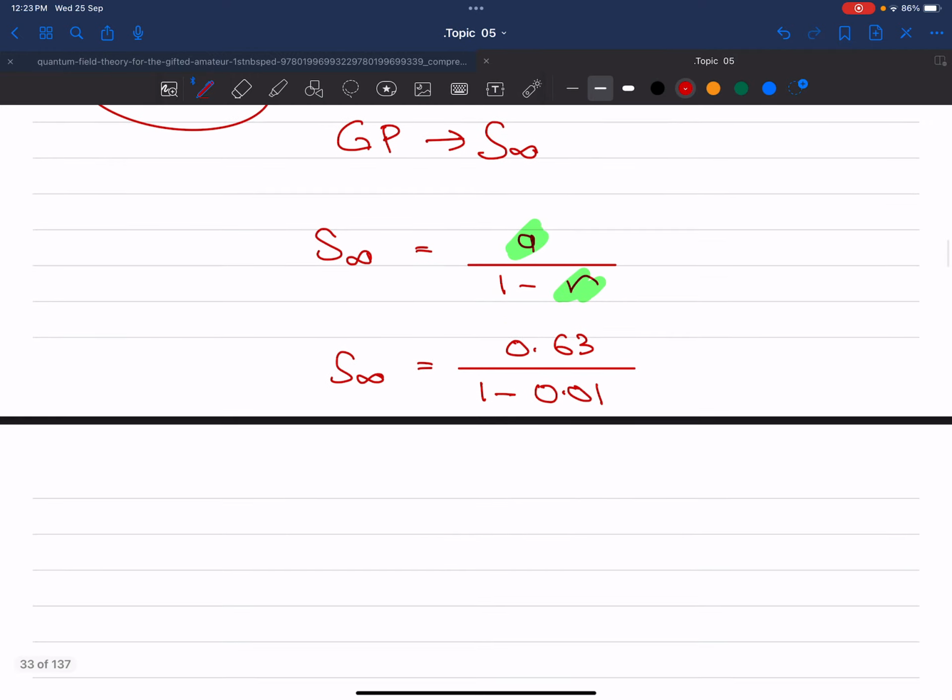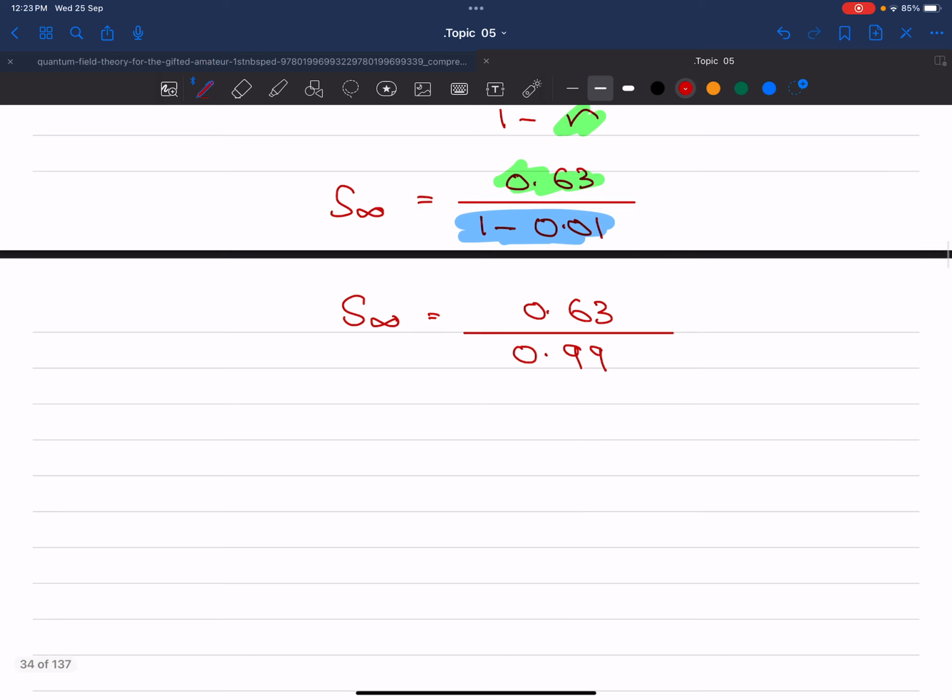I'm going to do this calculation. S infinity, the top part, I just leave it, 0.63. The bottom, 1 minus 0.01, you can use your calculator, we would get 0.99. Now here you cannot use the calculator, we have to make it a fraction.